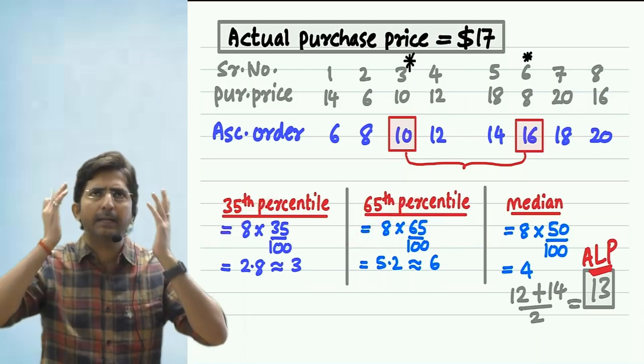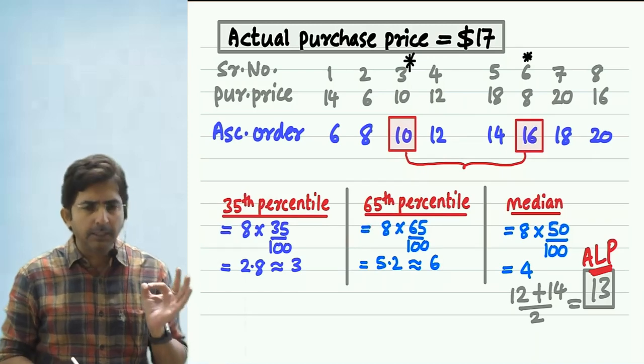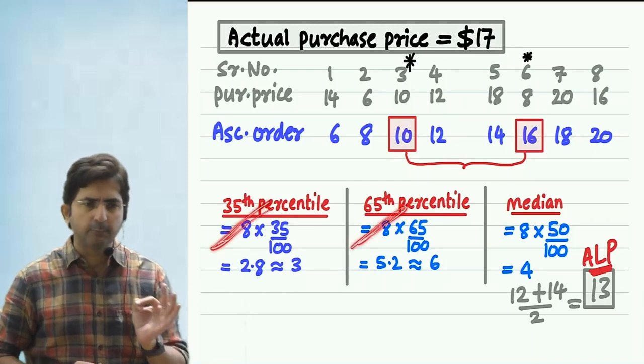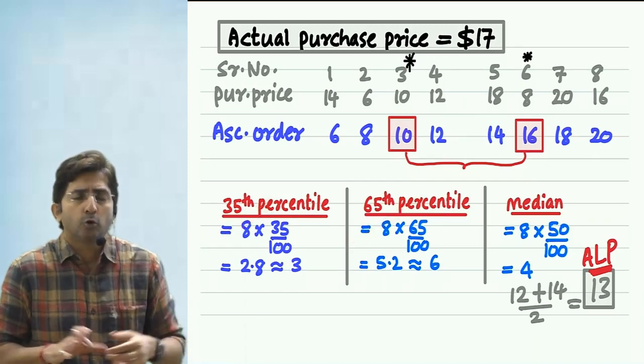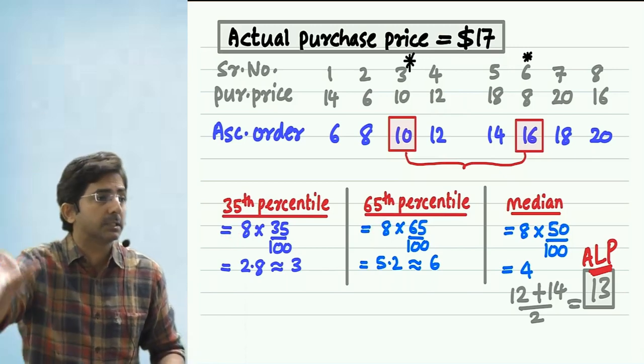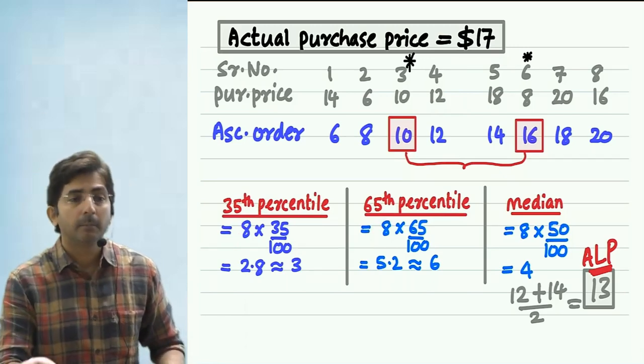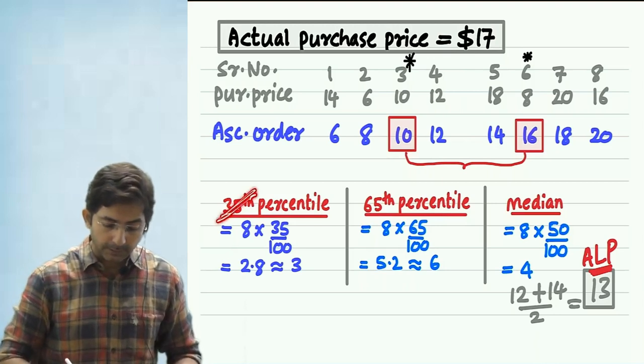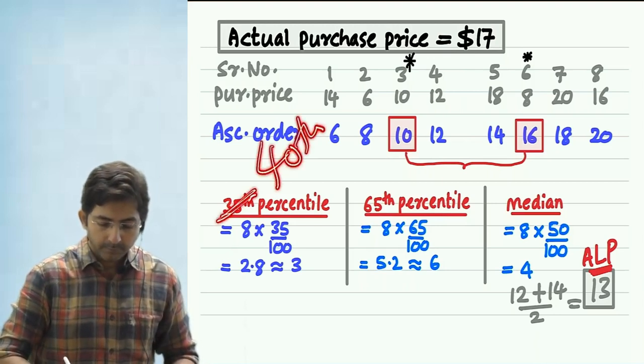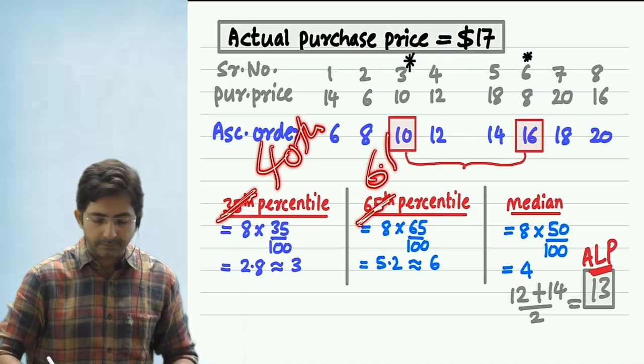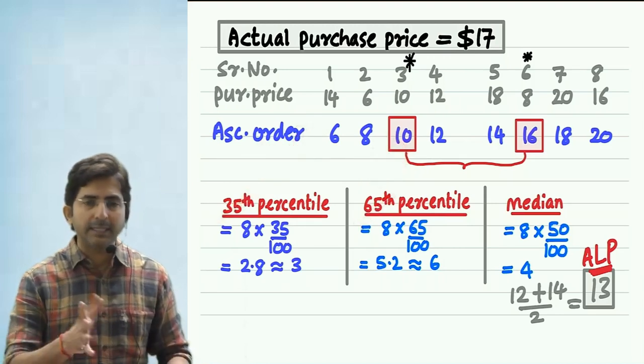It is the finance minister's belief that 35th and 65th is appropriate. Tomorrow if someone else is finance minister, he can make the amendment. But one thing is sure, if the 35th becomes 40th, obviously this will become 60th, and accordingly the range will change.